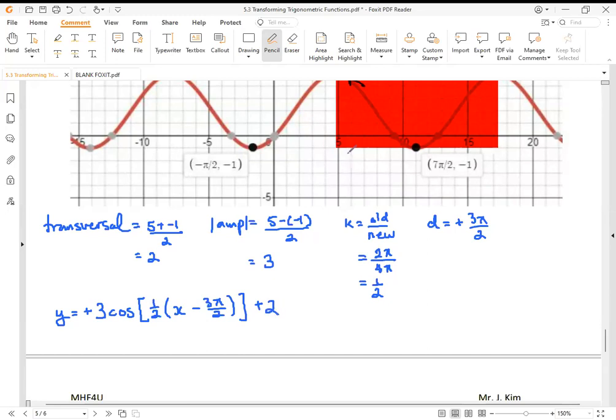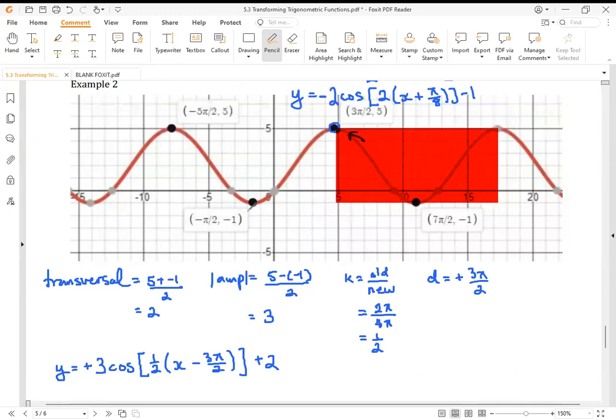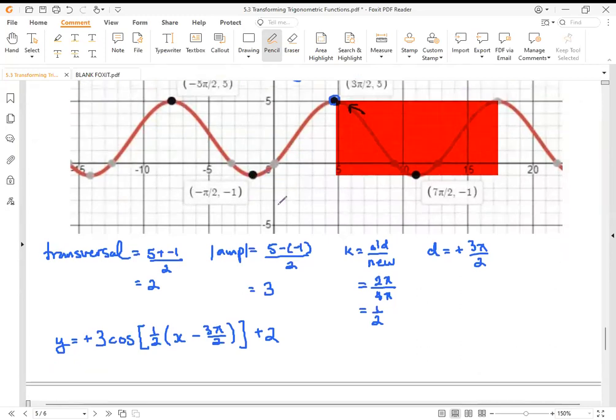If you decided to go with a minimum, you would have gotten something along the lines of a cosine with 1 over 2, and my shift is a positive pi over 2. However, because I am starting with a negative, I have to show that a vertical reflection has happened.